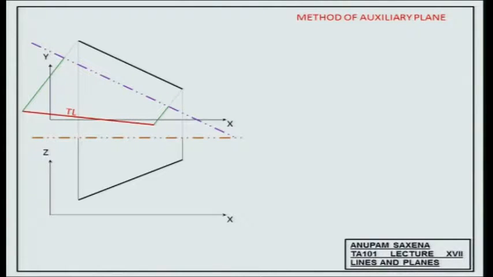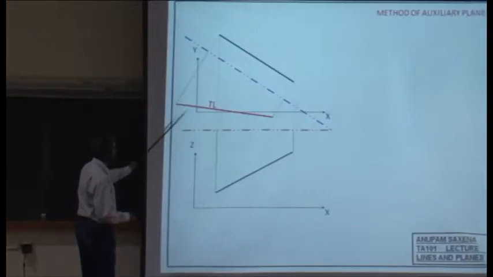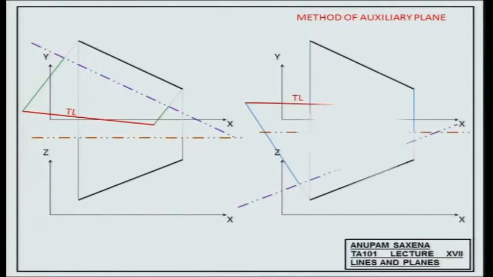Now, in this one, we had taken the auxiliary plane from the top view, the horizontal plane, and in the other example, we had done the same thing from the vertical plane, from the front view. They both give you the true lengths of the line. Are you convinced? Would the length be the same or would it be different? Same.